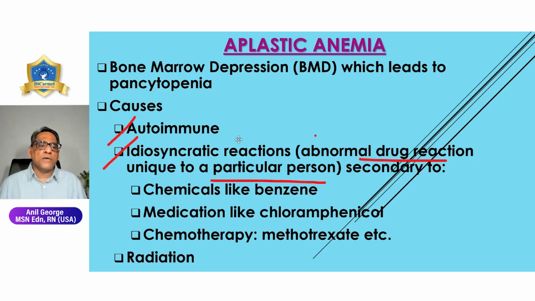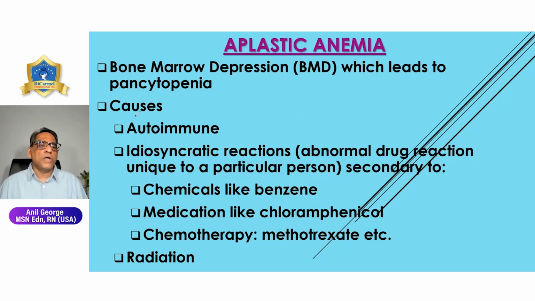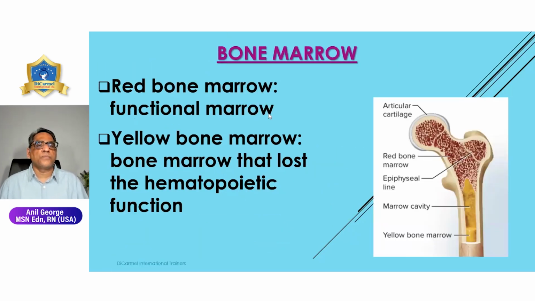Drugs like benzene, chloramphenicol, or chemo drugs can sometimes cause this unpredictable bone marrow depression, and that's what we call an idiosyncratic reaction. That could be one of the main reasons for this condition, or sometimes it could be autoimmune, unknown reasons, or maybe radiation as well. So there are several different reasons which can cause this condition.